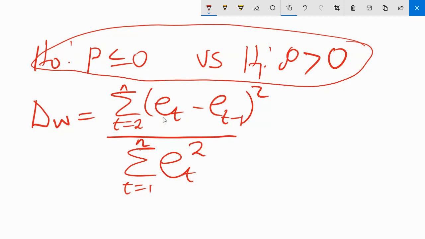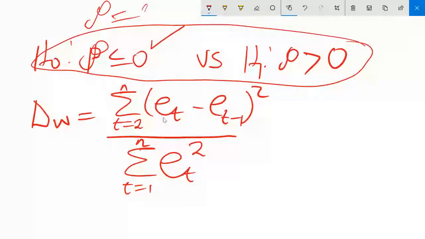This is the null and the alternative. So we are testing if the errors are positively correlated or not. Meaning if rho is less or equal to 0. If we fail to reject this, there's a possibility that rho is equal to 0 or rho is less than 0. It's not a P, it's a rho, the population correlation coefficient.